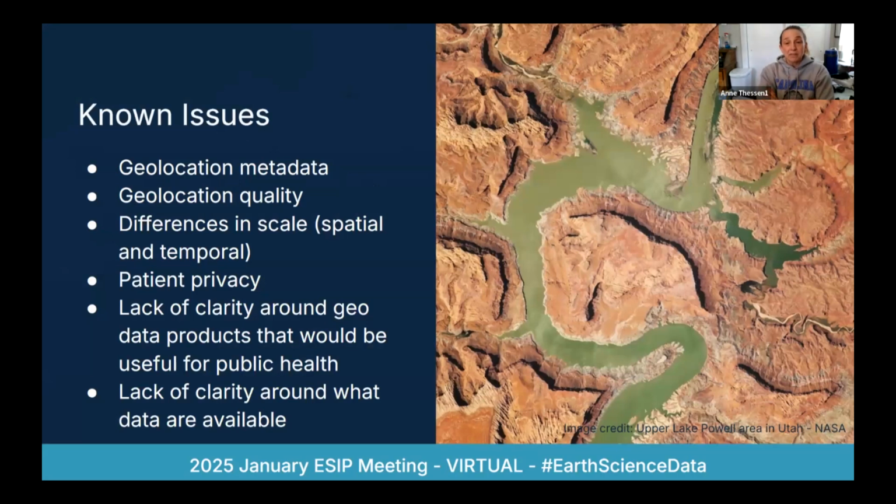So just to go over some of the known issues that I've come up against in my own projects trying to do this, we need to keep track of geolocation metadata. There are several geolocators out there where you can give a patient address and get back a latitude and longitude based on that address.